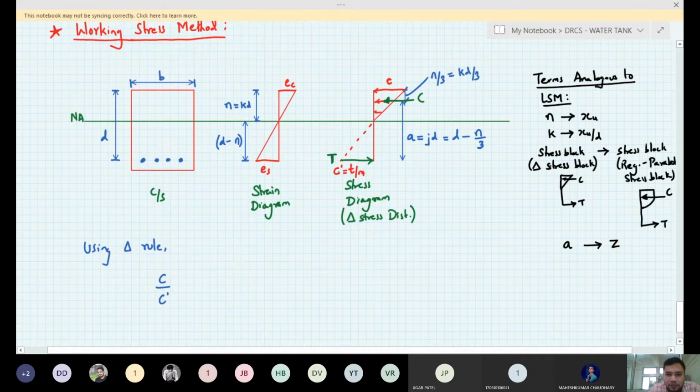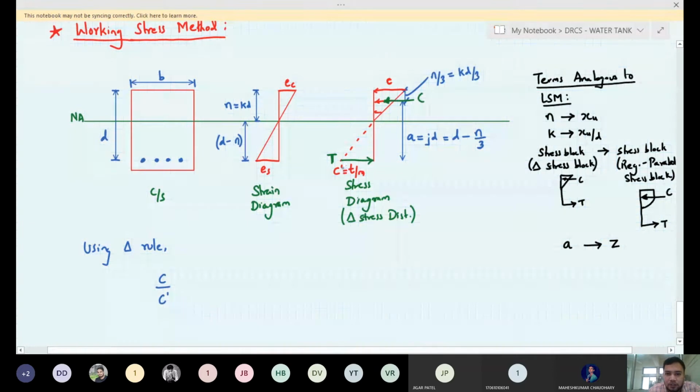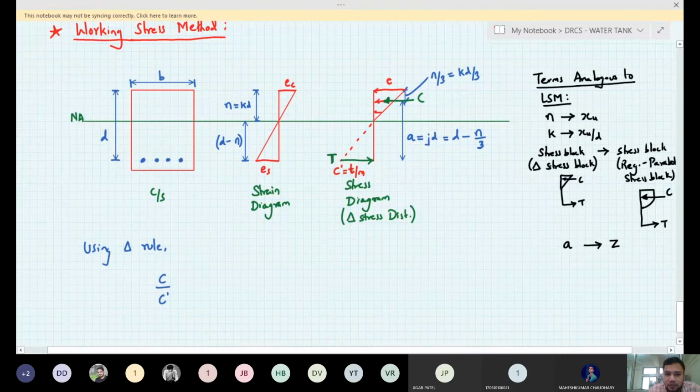Where C dash is the proportionate stress in the concrete. T is the stress in the steel, but because the modular ratio of steel and concrete are different, we have to divide this by the modular ratio to get the corresponding stress in the concrete.